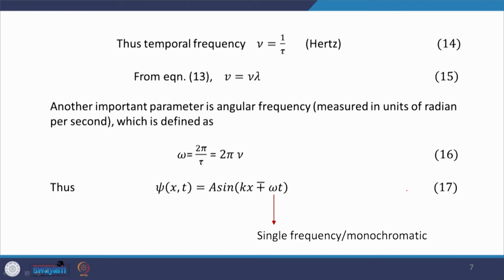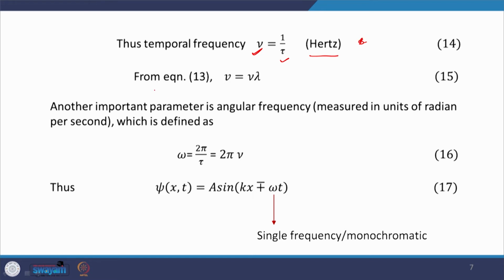Once temporal frequency is defined: tau is time, it is measured in seconds, hours and so on. If tau is measured in seconds, then the unit of nu is hertz, which is inverse of second.